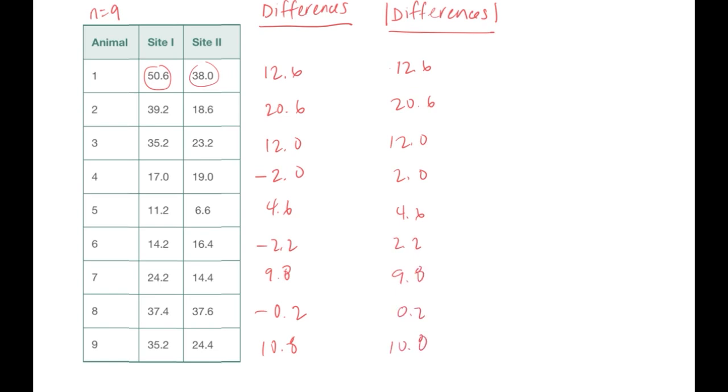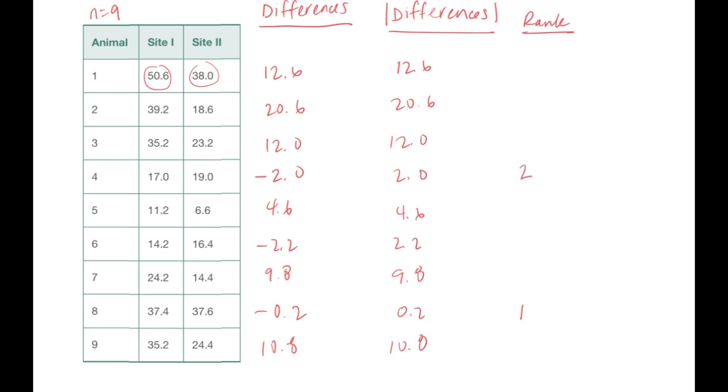Okay, so once we have the unsigned differences, the absolute value of those differences, then our next step is to rank those values. So I'm going to start with the smallest one and work my way up. The smallest one of this row of the absolute value of the differences is here. The 0.2 has rank 1. And then we find the next largest. It looks like it is here.